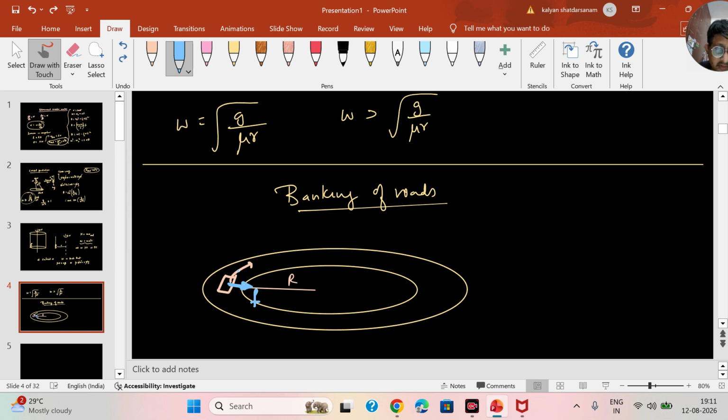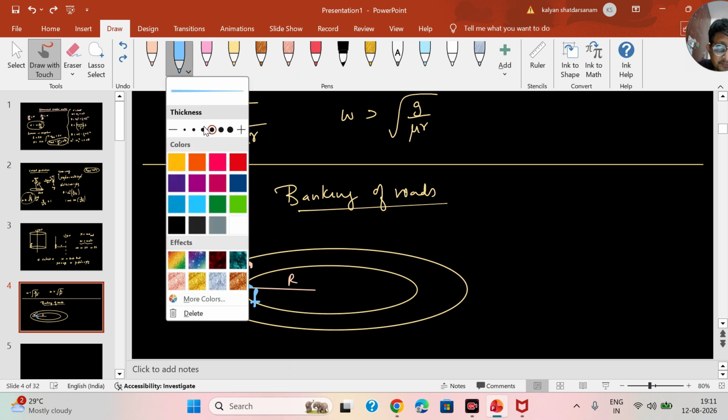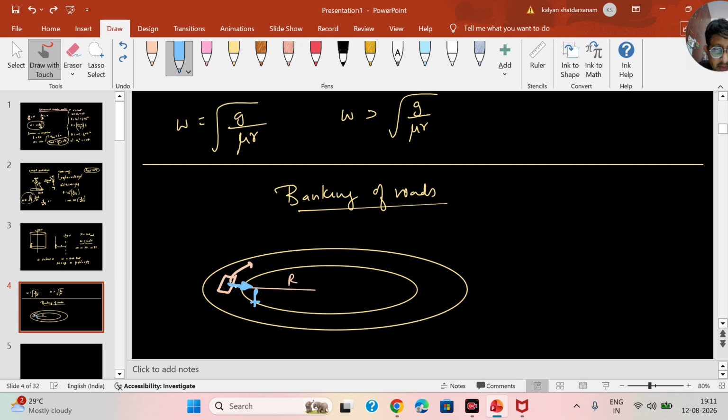So the wheel is trying to turn to the right, it will push the road to the left in the process, and the road will push the wheel to the right, in the direction I am showing here, with a force F. It is a static friction. Why? Because it is acting sideways on the wheel. The car is not skidding sideways. It is a static friction.